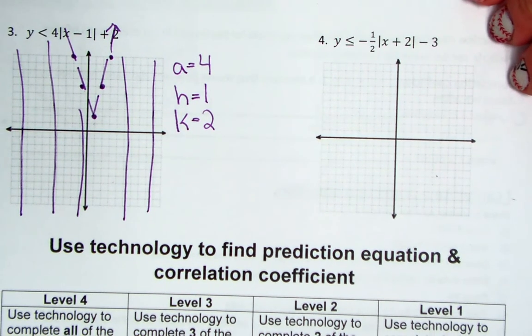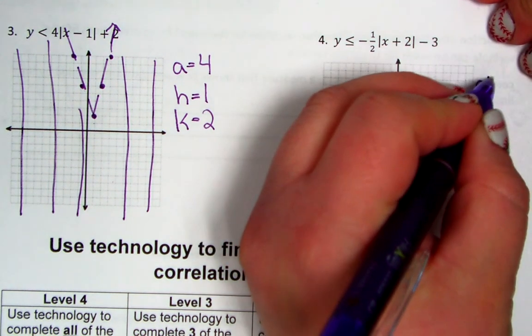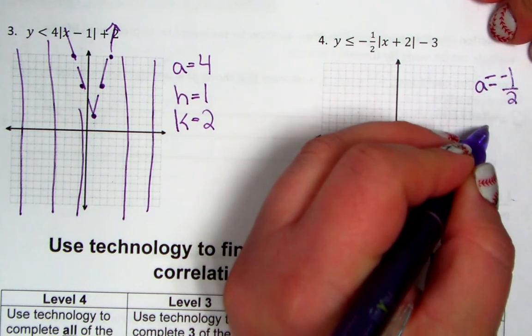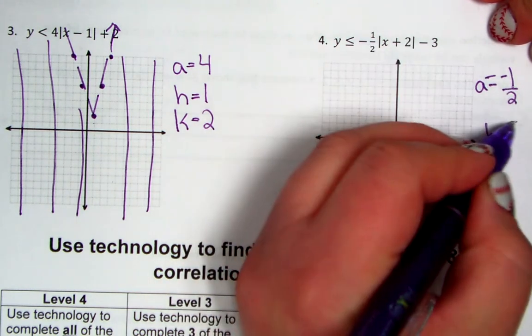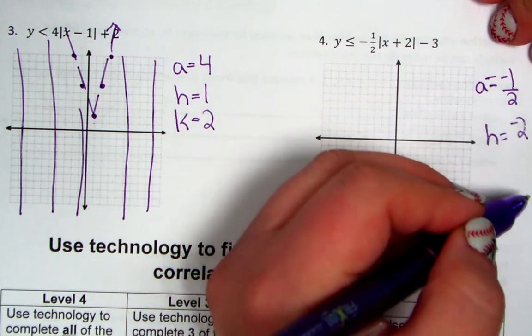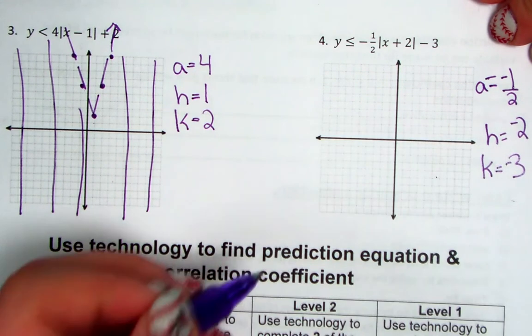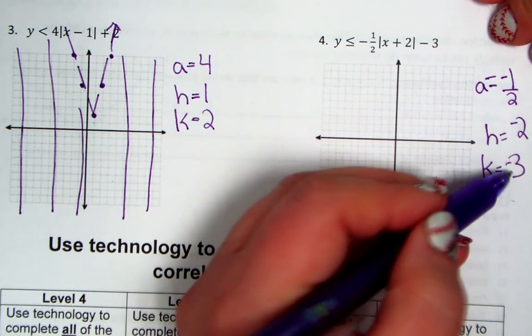Let's take a look at number 4. Our A value is going to be negative 1/2. Our H value, opposite of what it appears to be, so it's negative 2. And finally, K is negative 3. So we will have a point at negative 2, then negative 3.